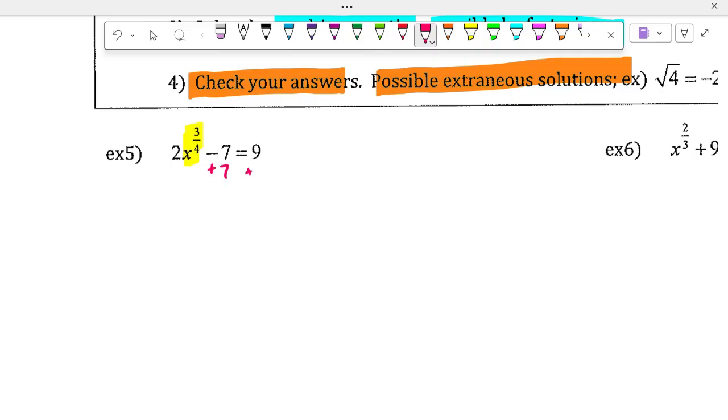Add the 7. So I get 2x to the 3/4 is equal to 16. Then I do what? Divide by 2. So x to the 3/4 is equal to 8.